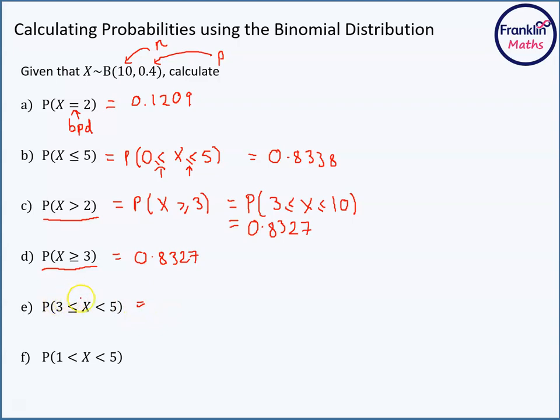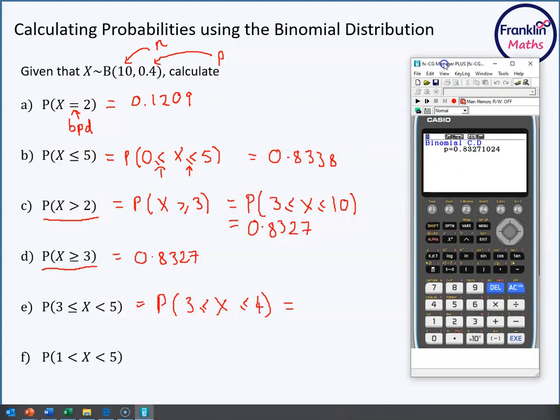Right, this one here then. We know it's easy to bung in the calculator if you can get an equals part on the inequality. So probability. We've already got the 3 in there, and there's the equals part in the inequality, which is quite nice. Now less than 5 is the same as less than or equal to 4. So we could use the BPD button and go 3 and 4, but it's so much faster to just use that BCD button and calculate it. So straight back on it. 3, and the upper's 4.